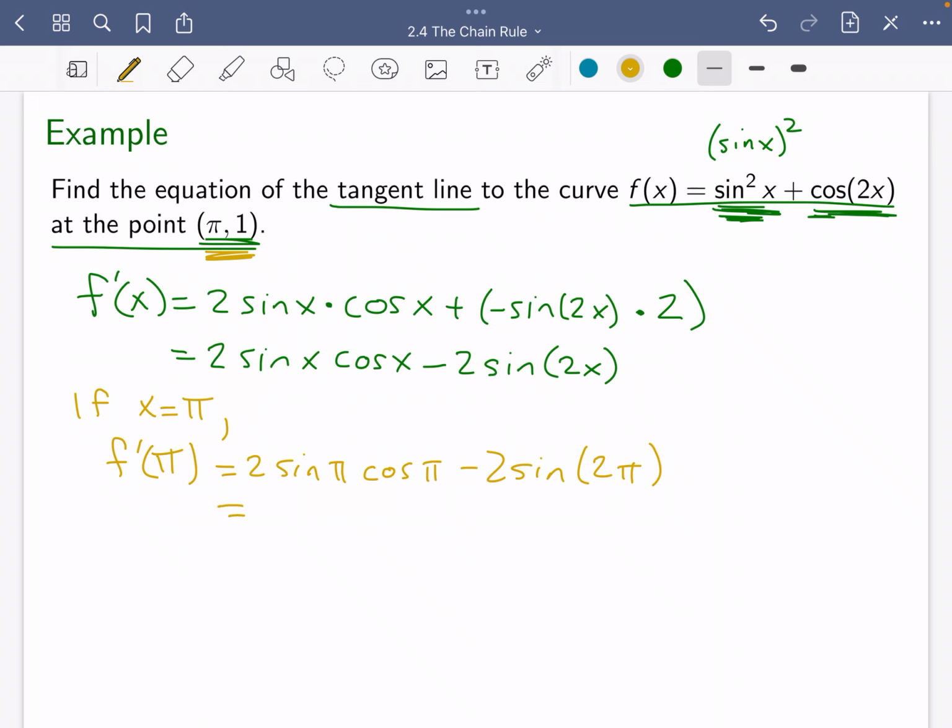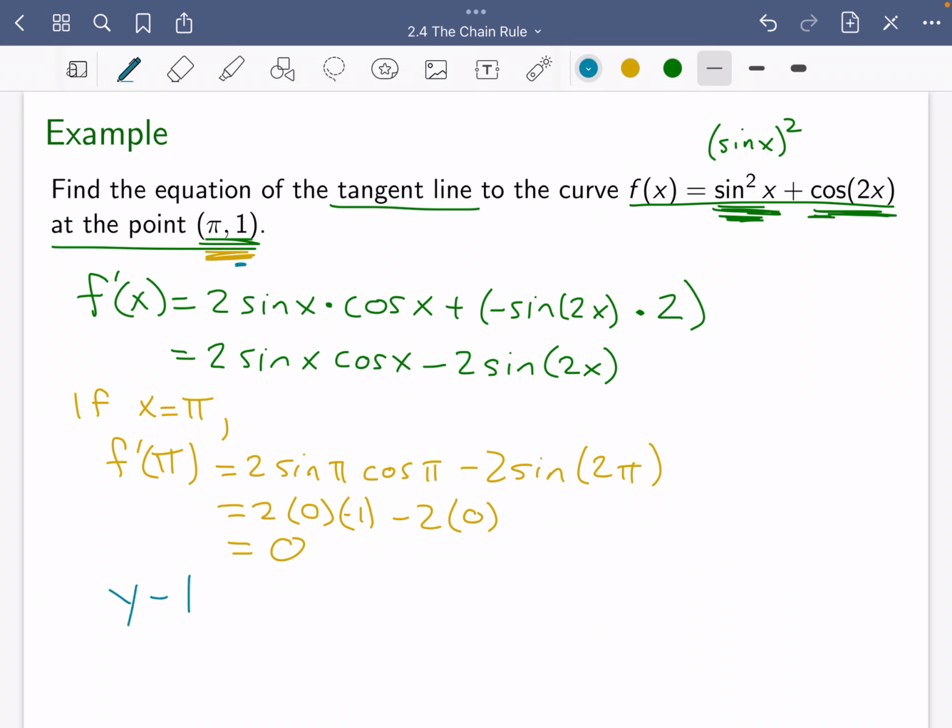And we have 2 times sine of pi is 0, cosine of pi is negative 1, minus 2 sine of 2 pi, also 0. So we have a slope of 0. And we can throw this into point slope form. Our y value minus the y1 value.